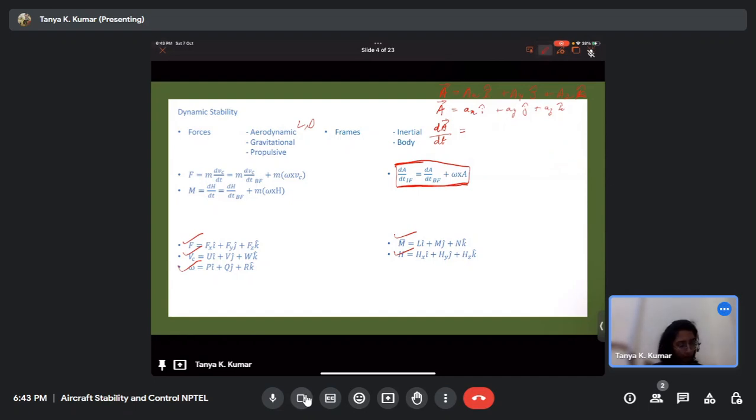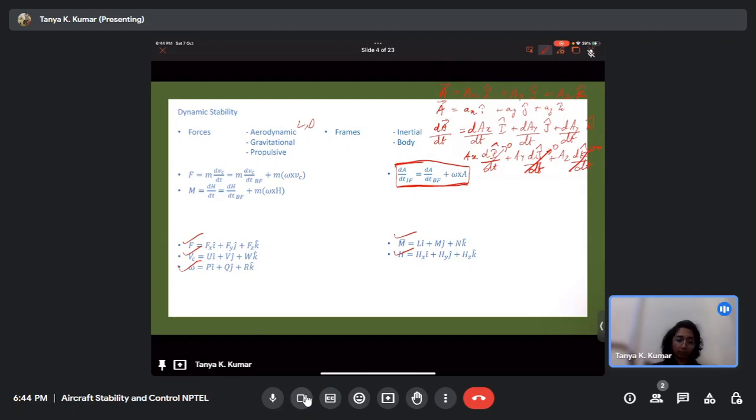So we've defined our inertial frame using capital letters. These three are 0. Okay.